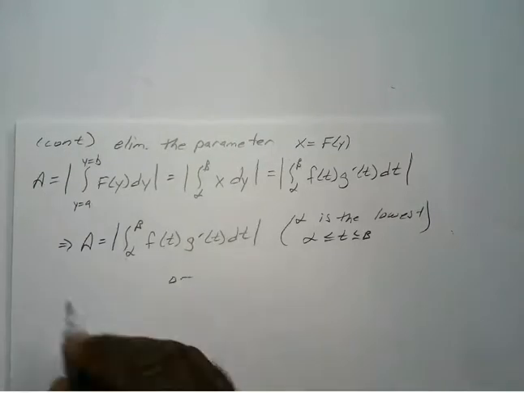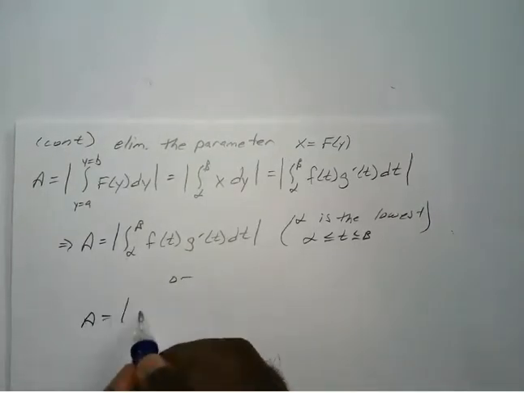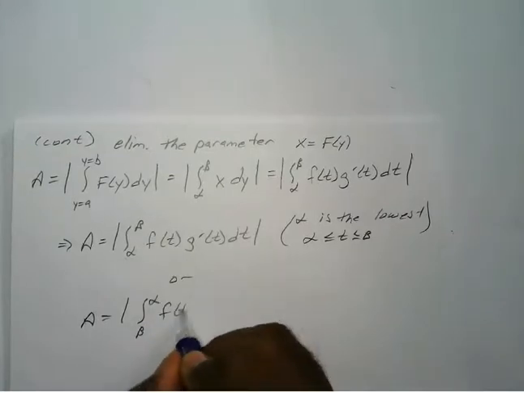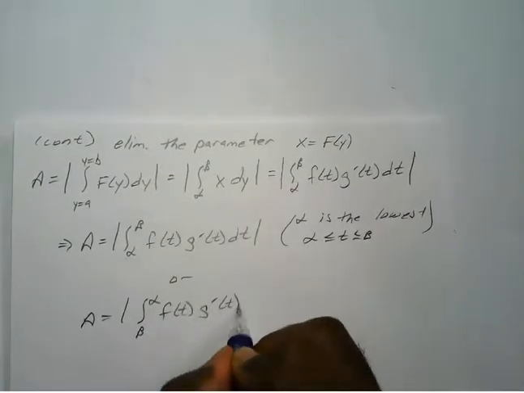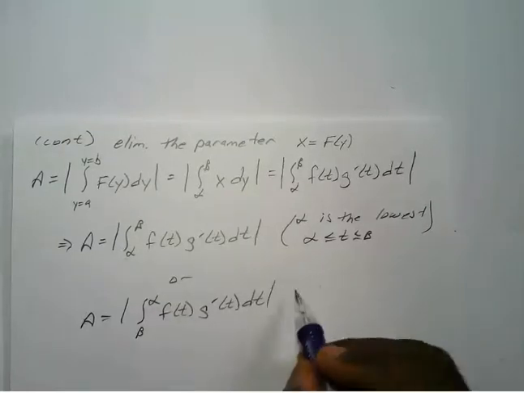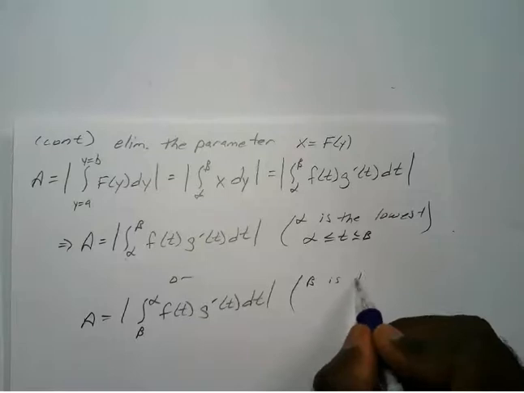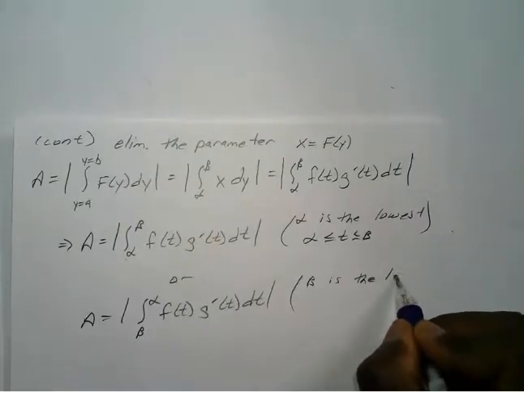Or again, if we switch them up, it doesn't matter. Absolute value from beta to alpha, f of t, g prime of t, dt. In this case, beta is the lowest point.